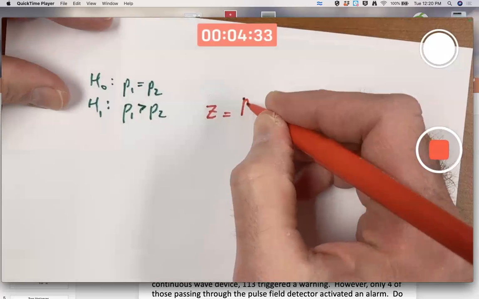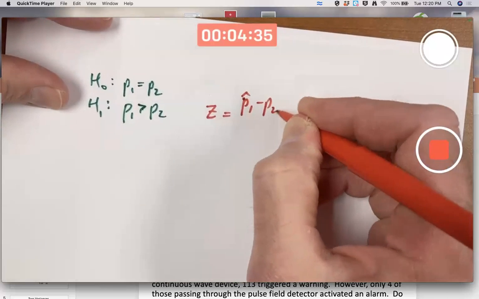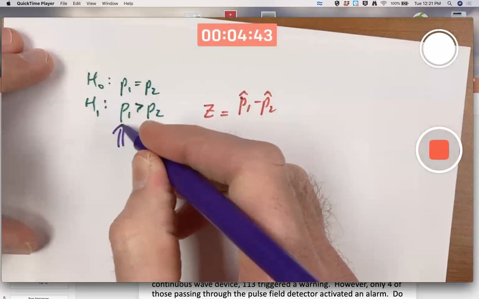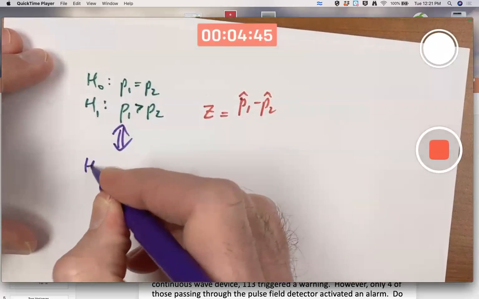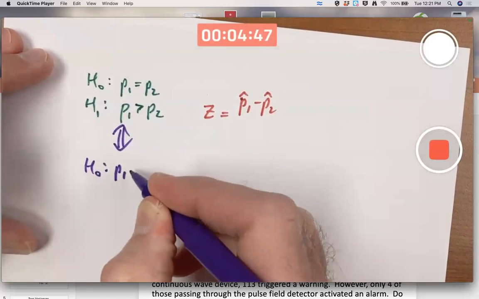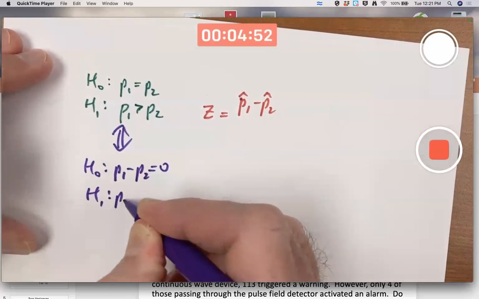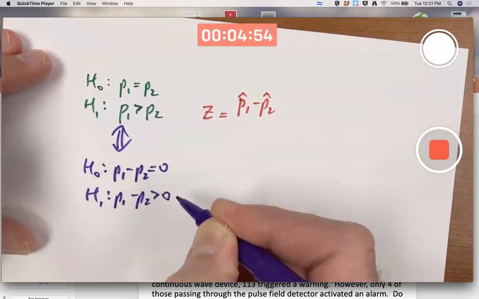It's going to be P1 hat minus P2 hat, the natural estimator for P1 minus P2, which is a good thing to consider here because you could write these hypotheses in an equivalent way. You could write the null hypothesis that P1 minus P2 equals 0, and the alternative hypothesis that P1 minus P2 is greater than 0.